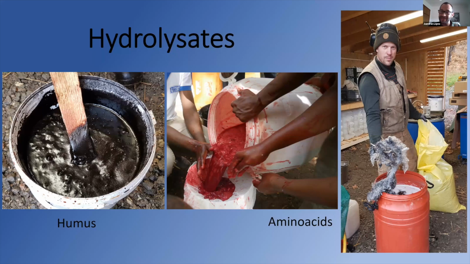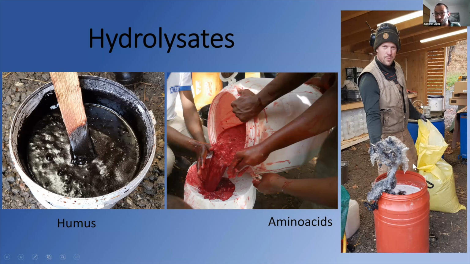We can make many other liquid fertilizers or biostimulants. For example, humus, we can hydrolyze it just to break down all the compounds in the humus, or even we can get amino acids from, for example, blood. It's just about knowing how to accelerate the breaking down process of all the proteins into amino acids in the blood.